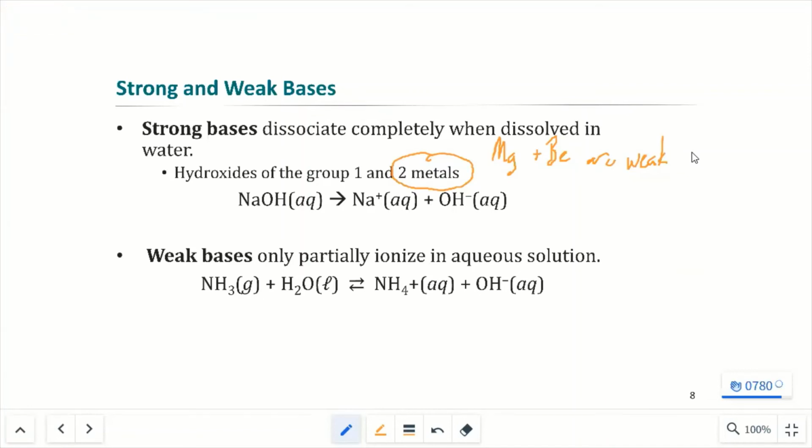At the very top of that group, the magnesium and the beryllium, their strength isn't quite as pronounced.